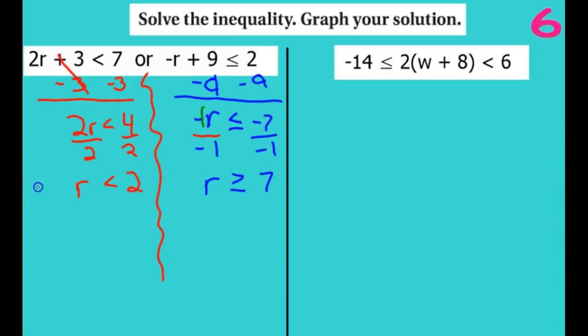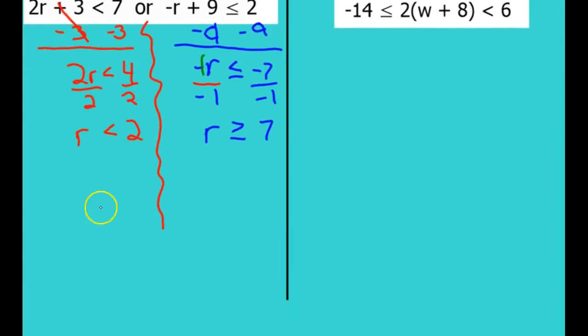To graph that on our number line, let's make a number line here, down at the bottom. Graph the smaller number first.